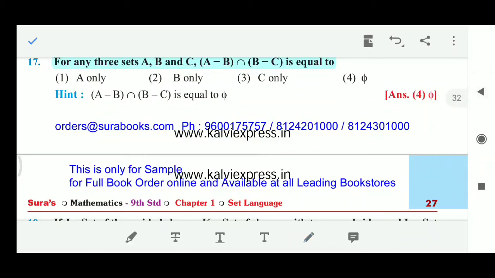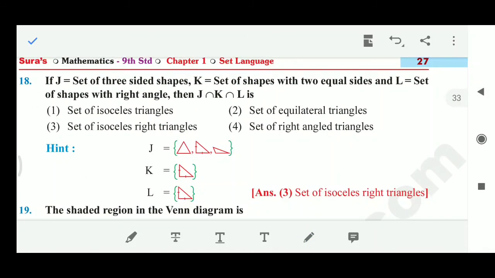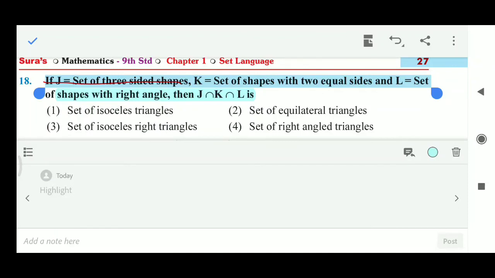Question number 18. If J is equal to the set of three-sided shapes, K is equal to the set of shapes with two equal sides, and L is equal to the set of shapes with a right angle, then J intersection K intersection L is. Since J is three-sided shapes, it may be an equilateral triangle, right angle triangle or scalene triangle.